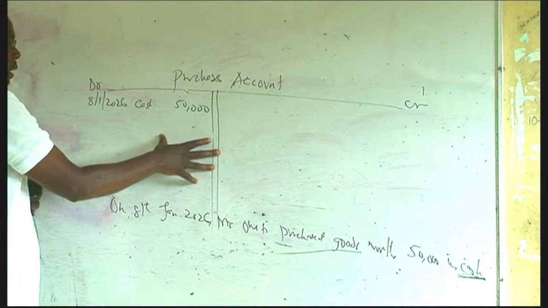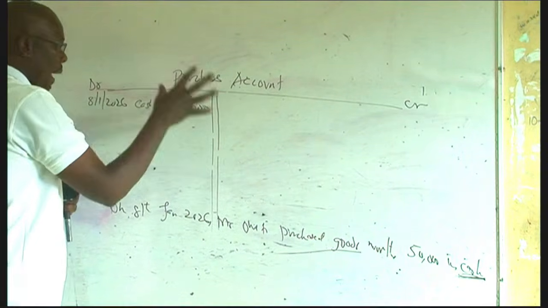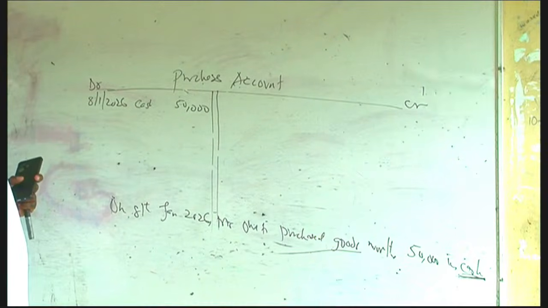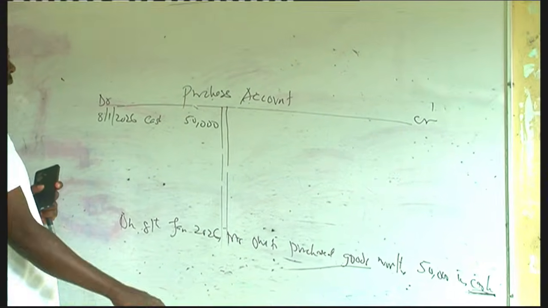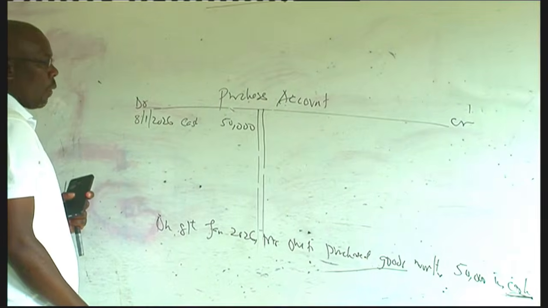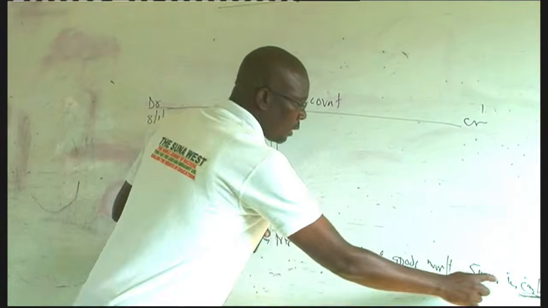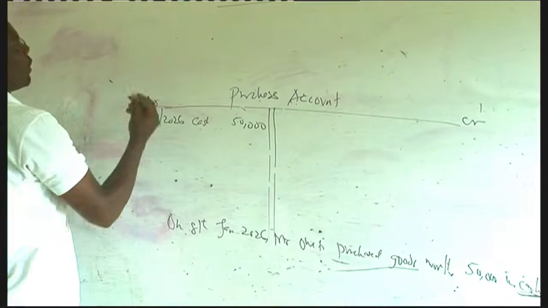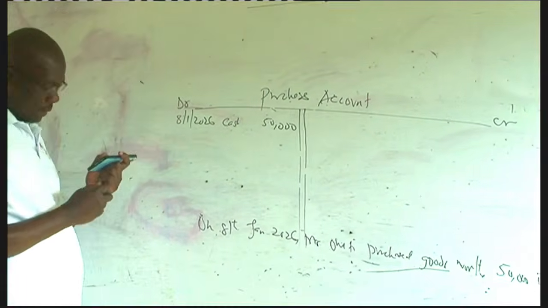Now in this case, we have opened an account for purchases. It requires that we again open an account for cash. So we can have cash here.